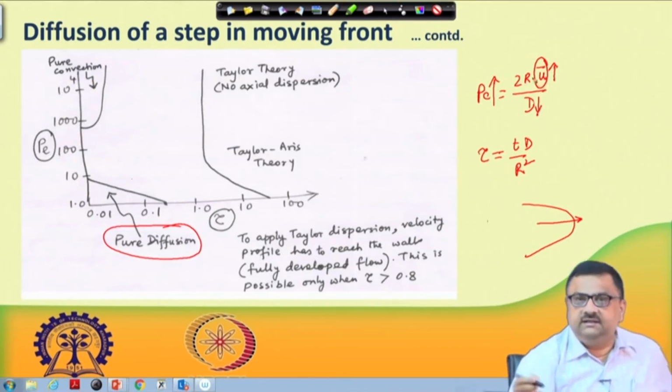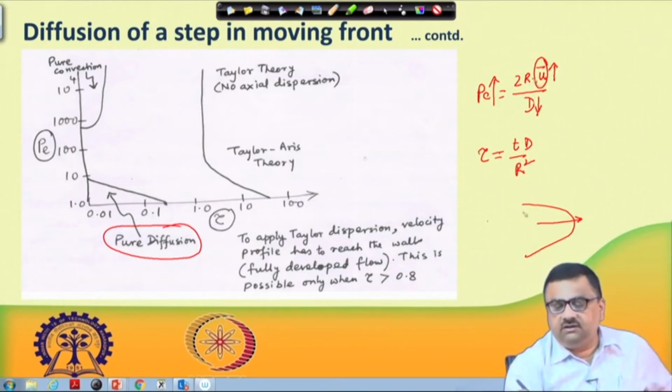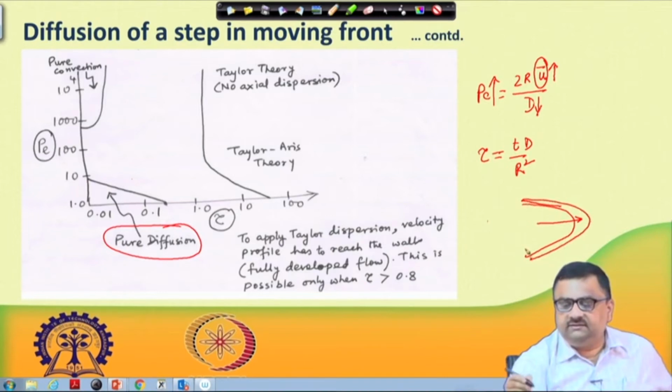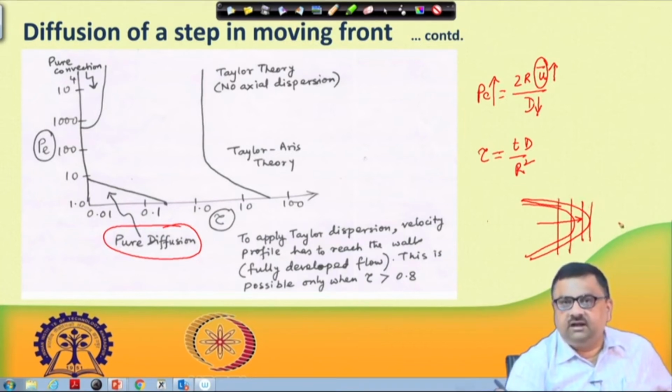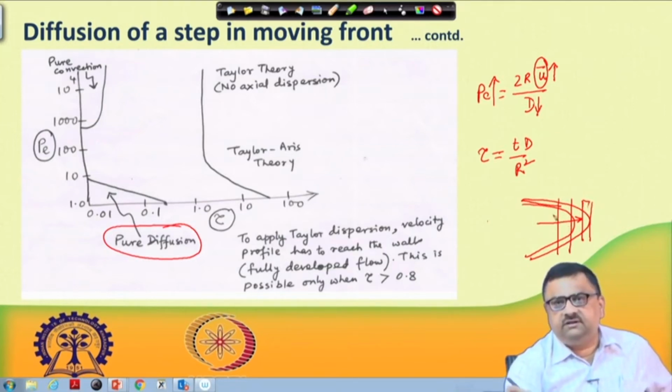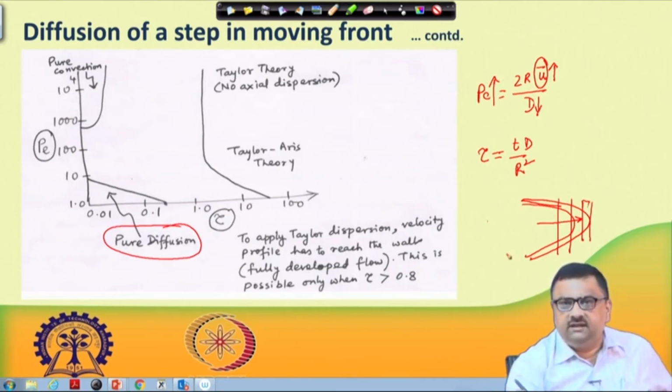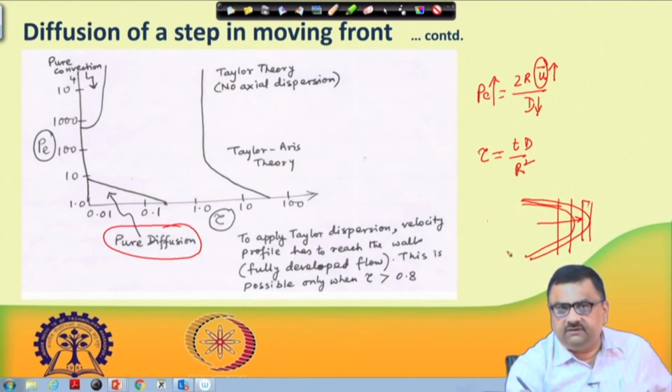In that case, if this is getting stretched and you are collecting slices of it from the outlet, then even if diffusion is very insignificant, just because of the stretching you can assume there would be a good amount of spreading of that Dirac function, isn't it?